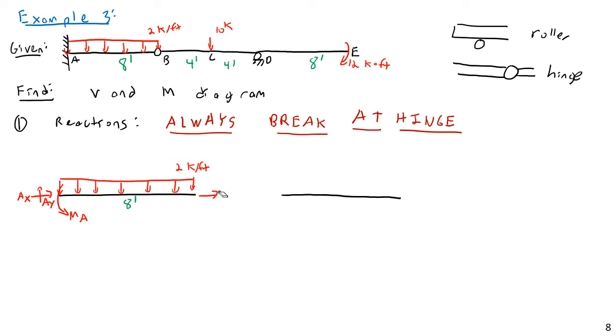It doesn't matter which way, but I need to assume some direction. Let's just say arbitrarily I assume that BY is negative, and we'll see.